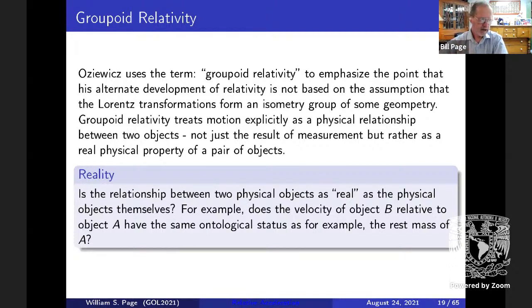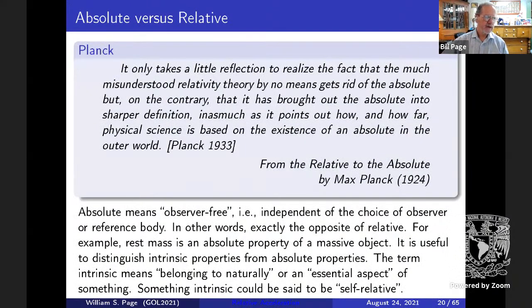And this question of whether or not there are properties, whether properties exist that aren't measurable, actually enters the picture fairly early. Let me just quote from Planck. As I mentioned, he was quite critical of special relativity early on, but also a strong supporter.